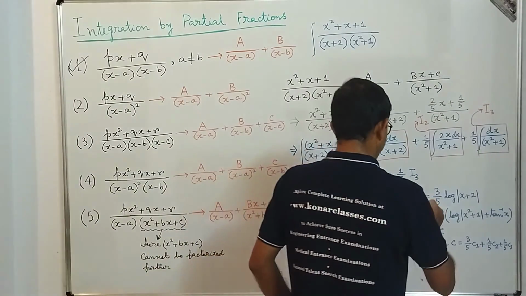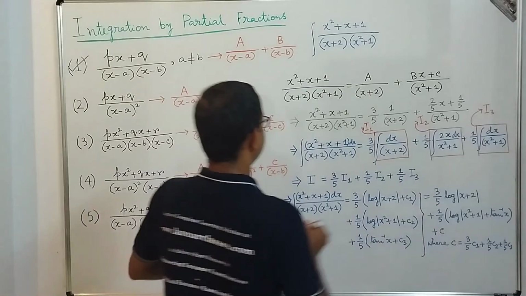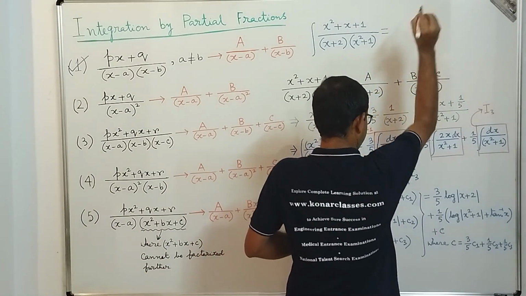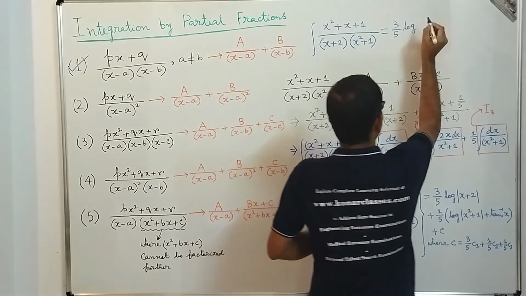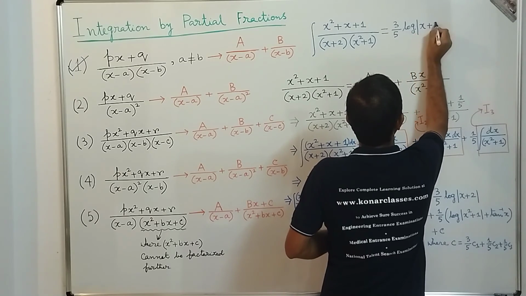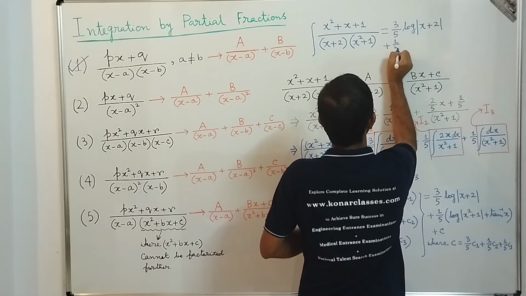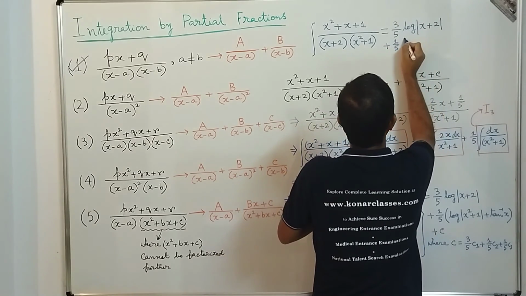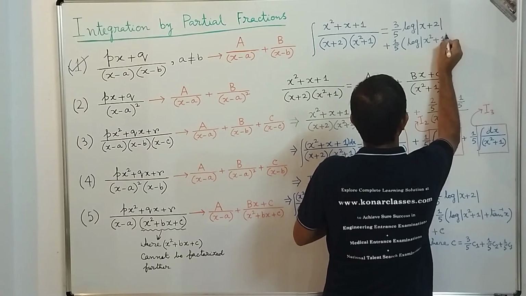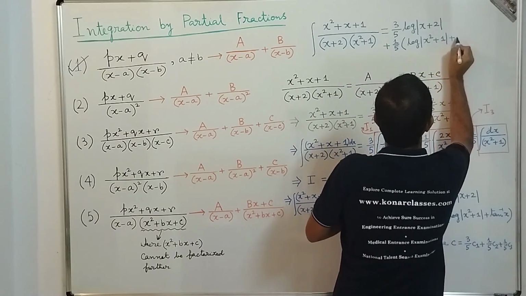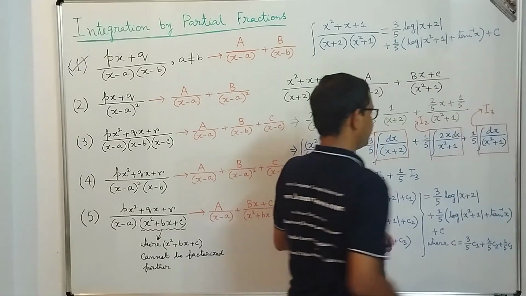So we can write it here. The value of the integration we get here is equal to 3 by 5 into log mod x plus 2, plus 1 by 5 into log mod x square plus 1, plus tan inverse x, plus integrating constant c.